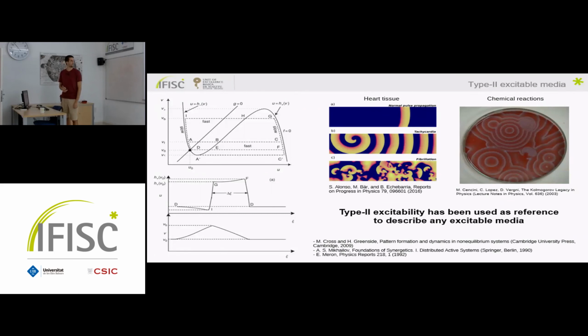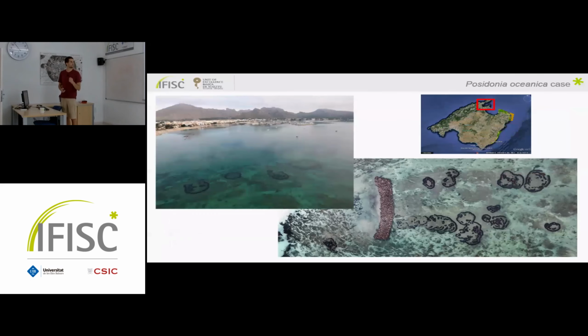And in general, type 2 excitability has been used as a reference to describe any excitable media. Nevertheless, during the last years some excitable systems have appeared, like the one I told you before of Posidonia oceanica, where the mechanisms that generate this kind of behavior cannot be associated with type 2 excitability, but with type 1.